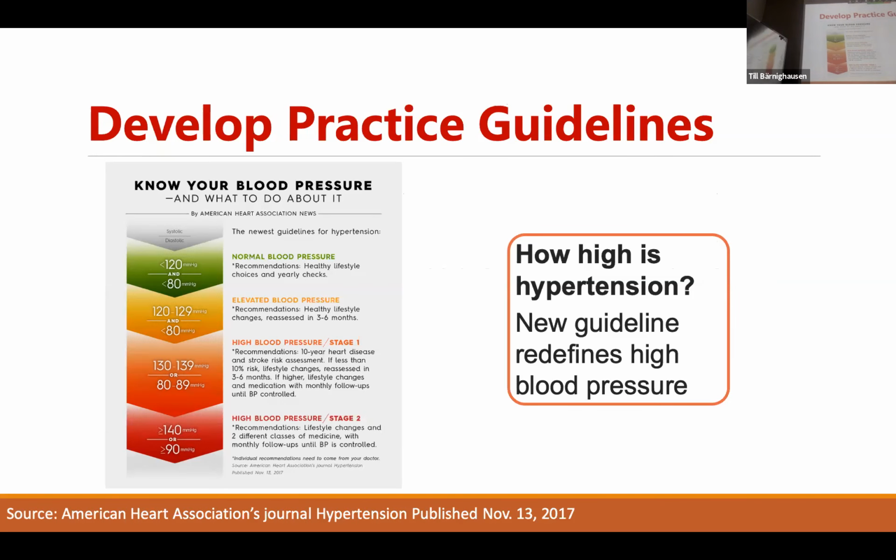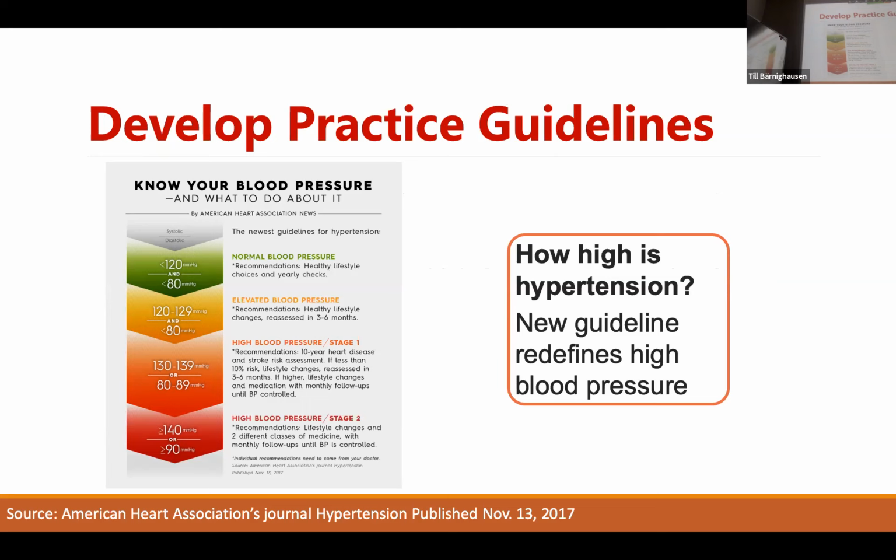This is an example of a guideline for defining whether you are hypertensive or not. So how high is hypertension? Previously, hypertension was defined as a systolic blood pressure higher than 140 and a diastolic blood pressure higher than 90 mmHg.